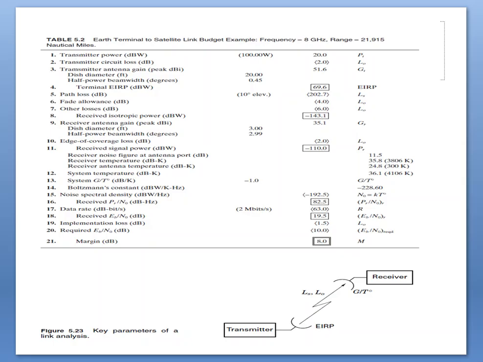And implementation loss, here taken to be 1.5 dB, accounts for the difference between theoretically predicted detection performance and performance of the actual detector. This is our required Eb/N0, a result of the modulation and coding chosen and the probability of error specified. The difference between the received and required Eb/N0 in decibels yields the final margin.